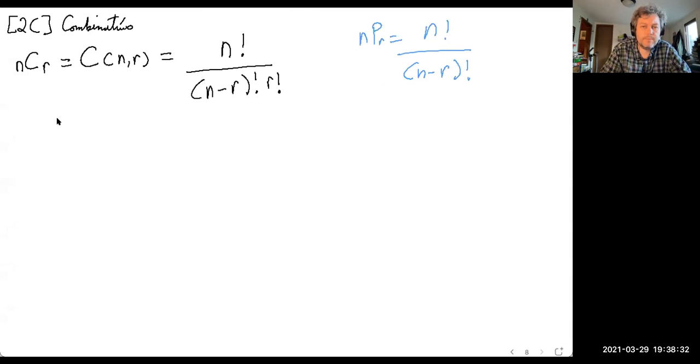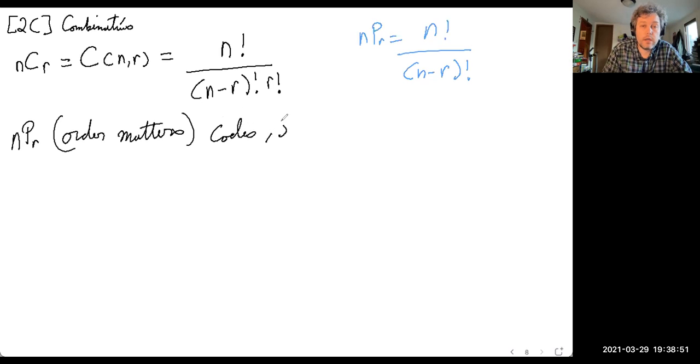What's going on? With permutations, order matters. That's the big issue with permutations. You're talking about codes, roles, places, as in first place, second place, third place, etc. That's the kind of permutations we're talking about.